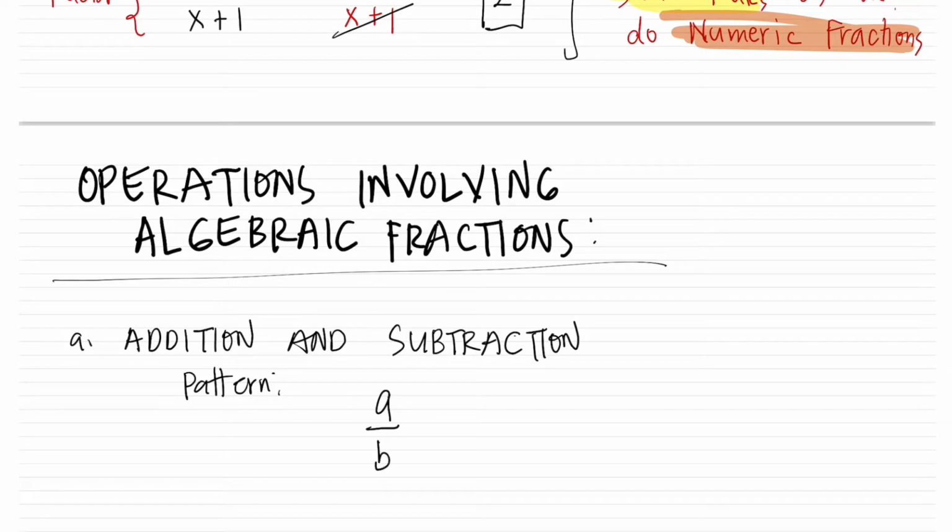Alright, A over B plus C over D. The best thing to do is cross multiply.